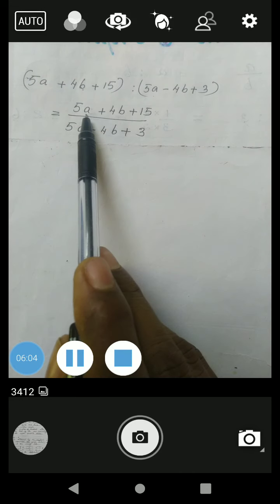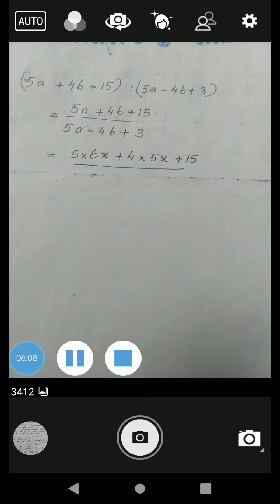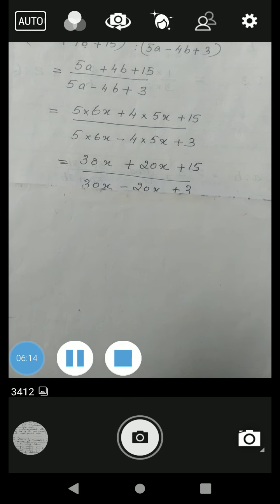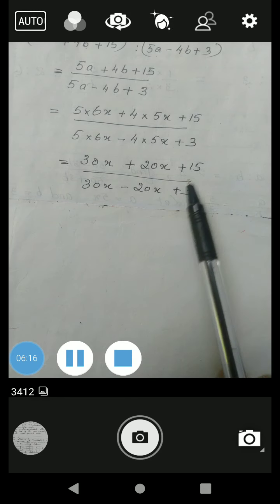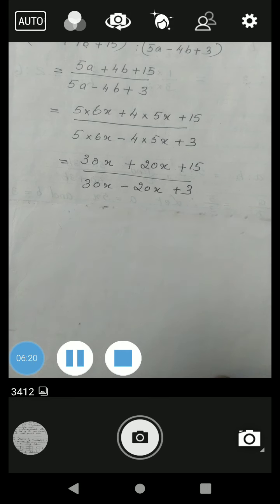Substitute the values here, instead of a and b, substitute those values and you will get 30x plus 20x plus 15 divided by 30x minus 20x plus 3. That is 50x plus 15 by 10x plus 3.